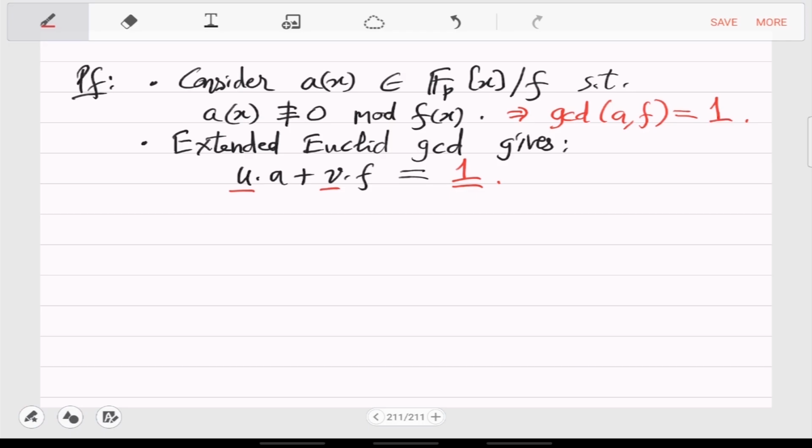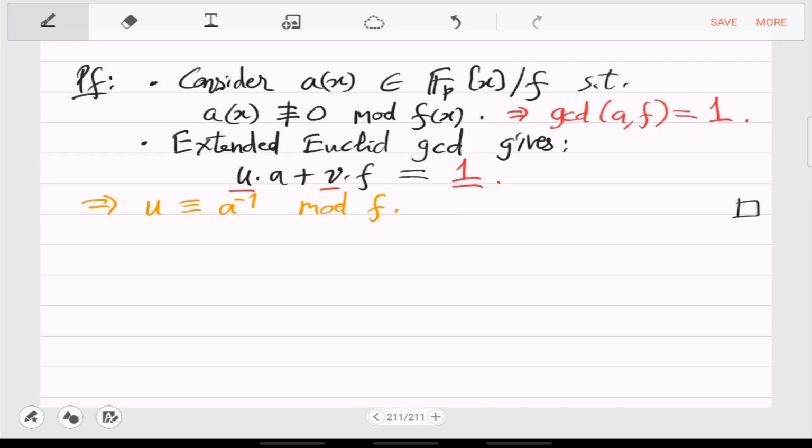Right? From extended Euclid GCD, you get u x, v x, whose combination is 1. That's the inverse. So u is a inverse mod f. That's the only critical thing.